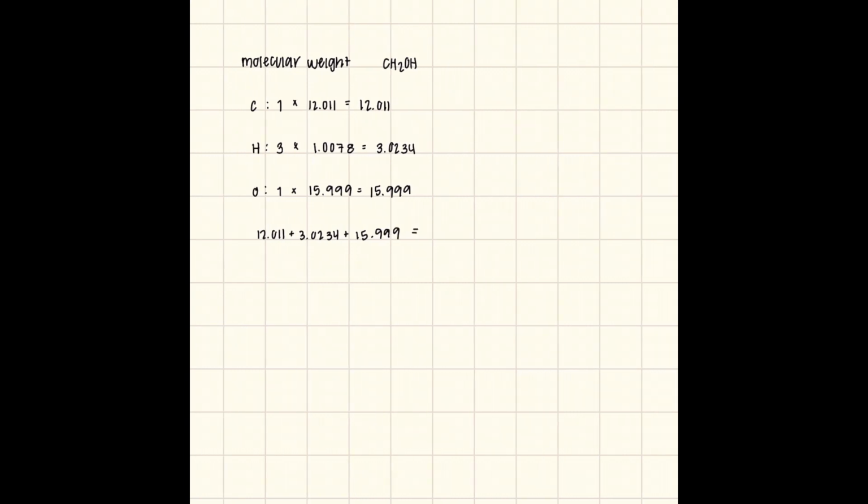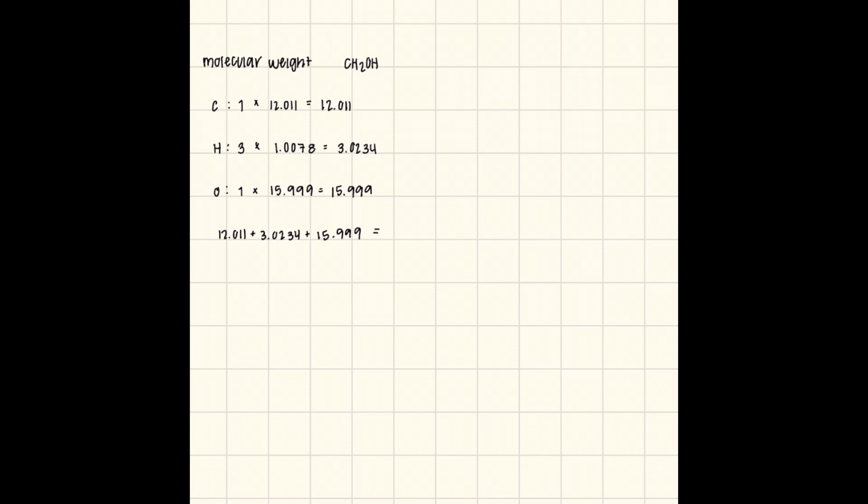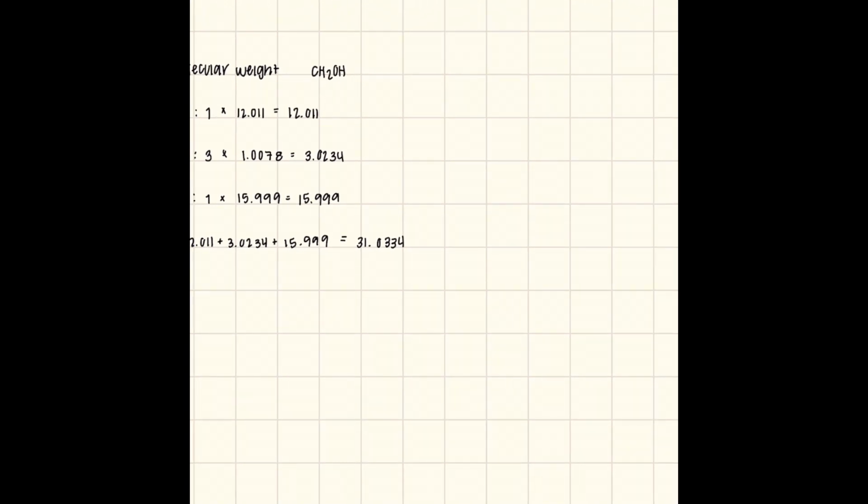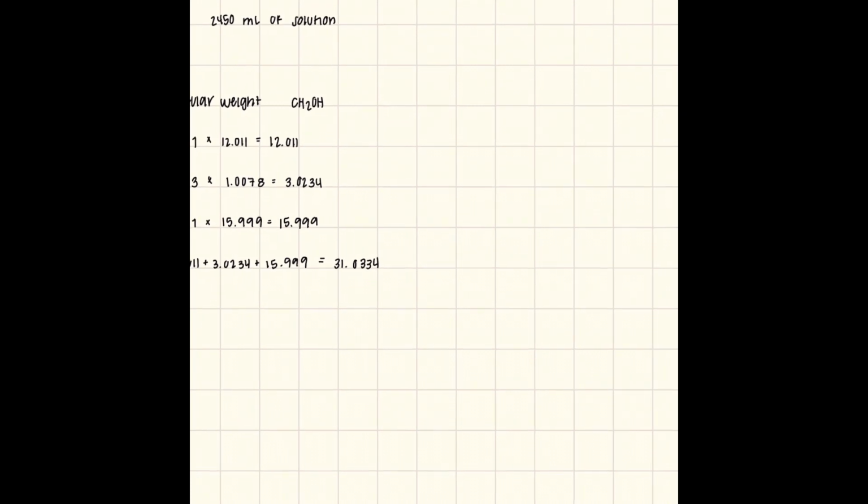And once you put that into your calculator, all those added up equal 31.0334. So now that we have that, we are able to start doing the conversion that we need for this equation.